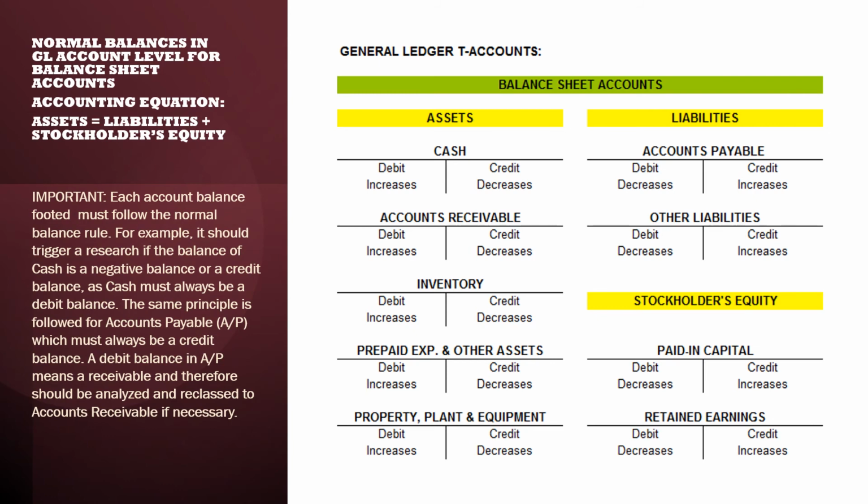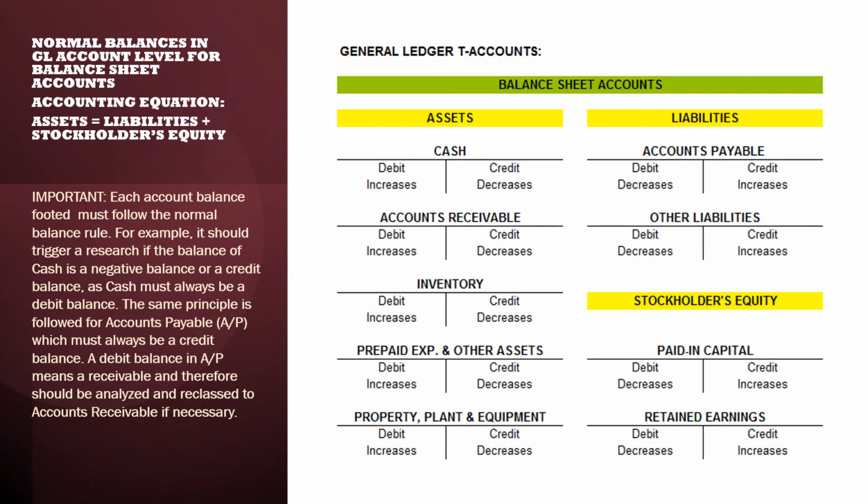When we refer to a negative balance, for example, if your accounts receivable becomes a negative balance, meaning a credit balance, since the normal balance for accounts receivable is a debit, then there must be something wrong. Maybe your customer overpaid you.